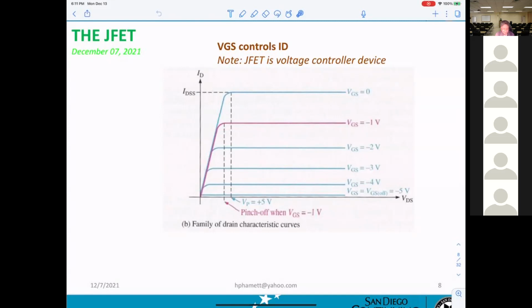Because the magnitude of the pinch off can be 5, but VGS can be -5 or something.